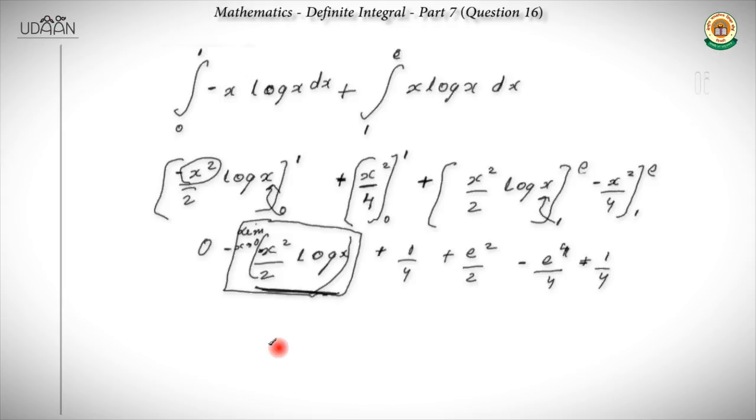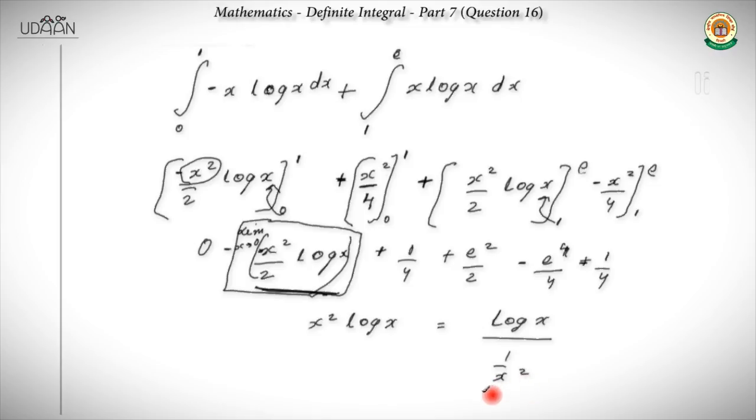Exactly. So we evaluate minus x square by 2 log x. Let me keep the constants outside for the time being, because constants can be multiplied later. So x squared log x would be equal to log x over 1 by x square.